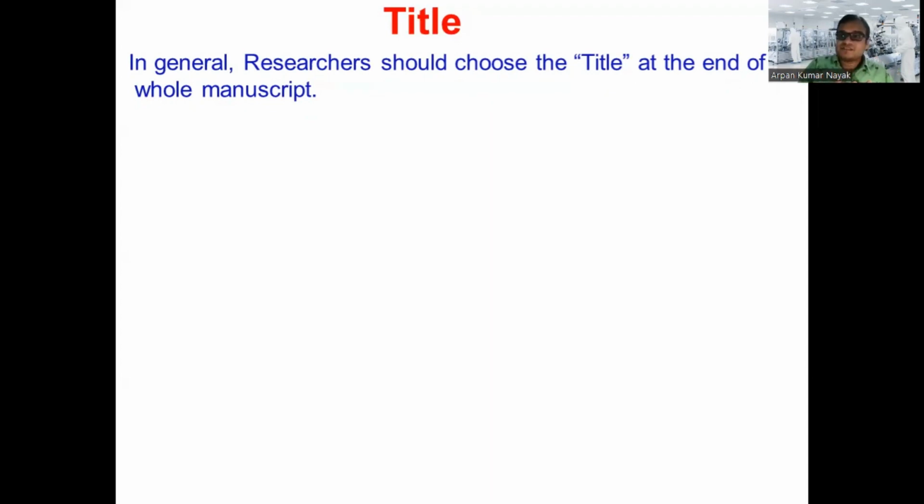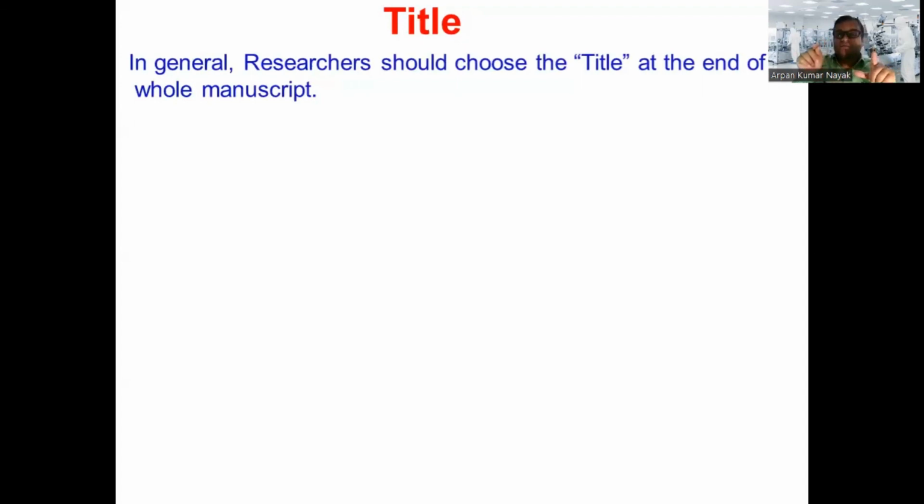The researchers use Google Scholar, or they go to specific journal sites. They go to the journal sites, or in Google Scholar, they just type some research area topic in which they are interested.